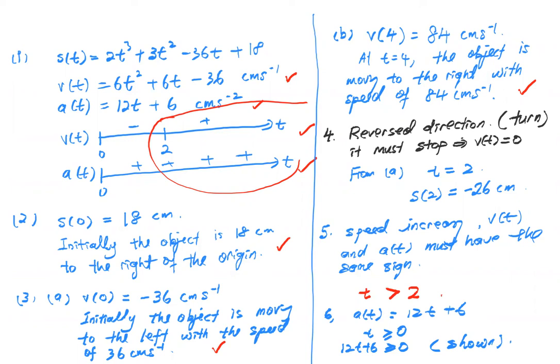So now, number 7 should be no problem. Find the acceleration when t equal to 6. Okay, let me complete part 7. I'll give you a complete answer. Okay, can I move? So part 7, A7. So that means it's 12 times 7 plus 6. 7 times 12 is 84, plus 6 is 90.